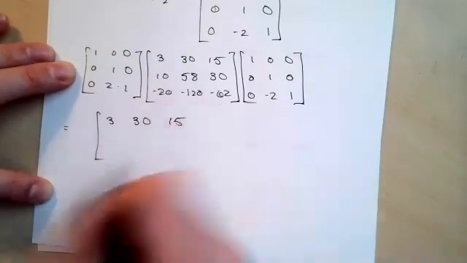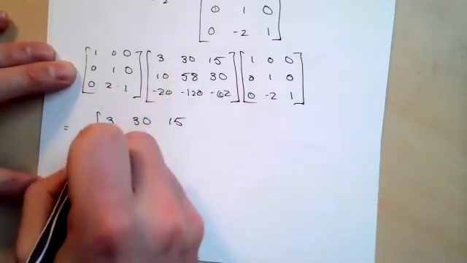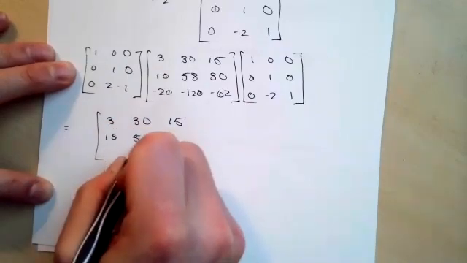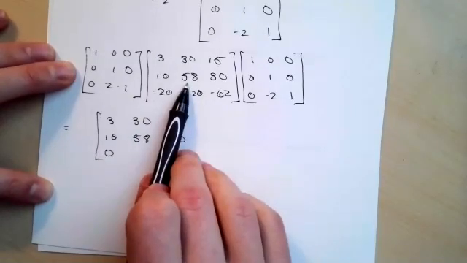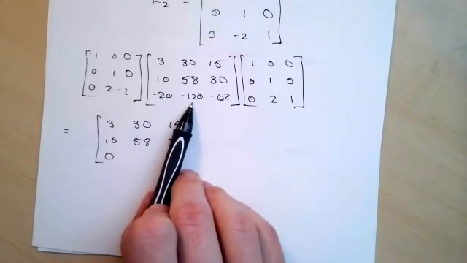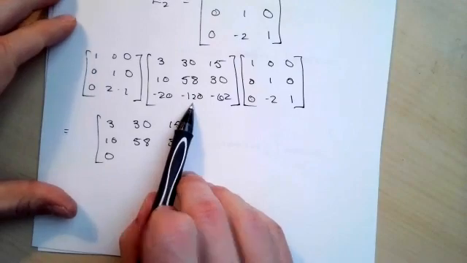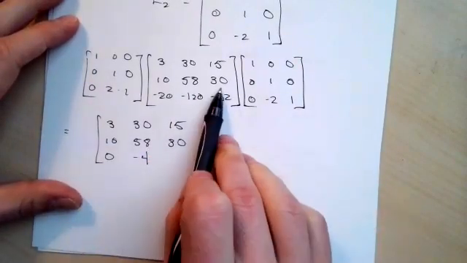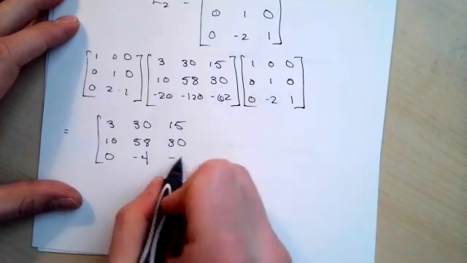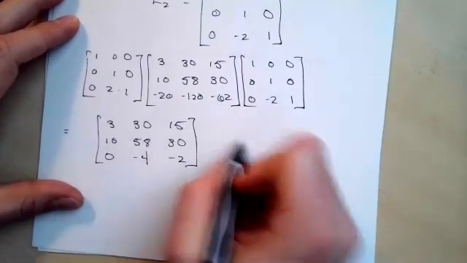We know all the other entries are going to be the same. We don't have to multiply each row. I know I'll get a 0 here. We'll have 2 times row 2, so it'll give us 116, and negative 120 is going to give us negative 4. And then we will have 60 and negative 62, and negative 2 there.